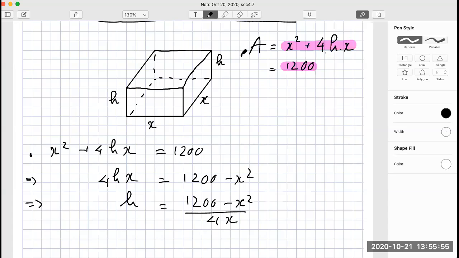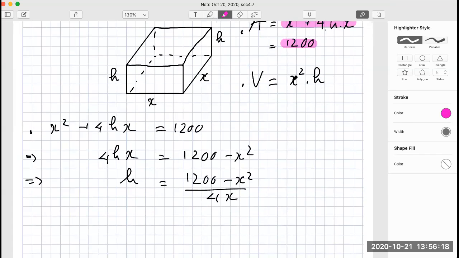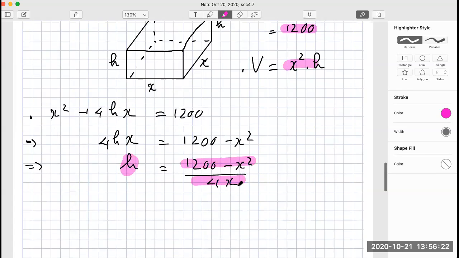How about the volume of this? What is the volume of this? Very good. The area of the base times the height, which is h here. Okay, very good. The volume is a function of x and h. Furthermore, we know that h we can write in terms of x here.